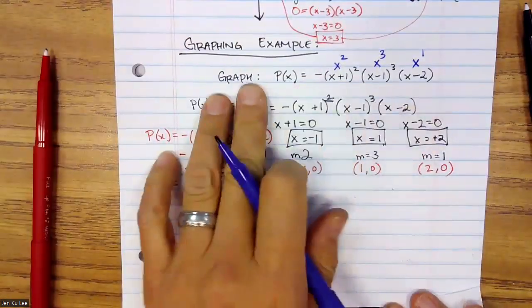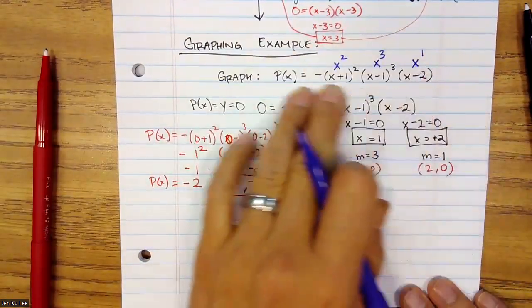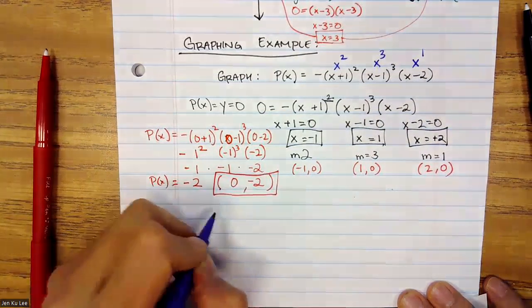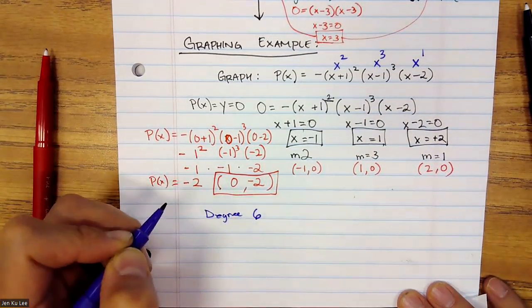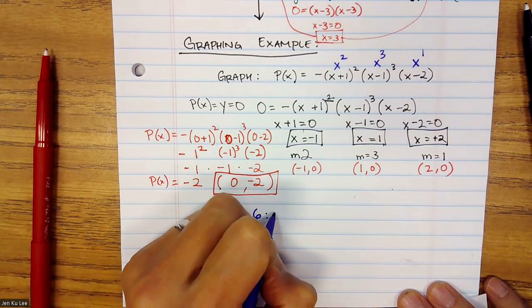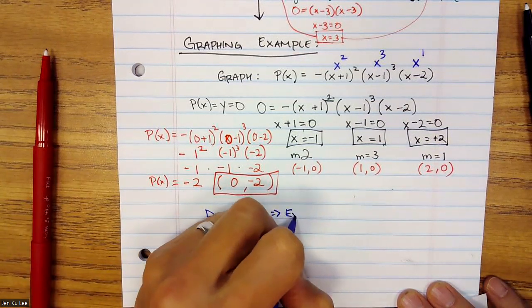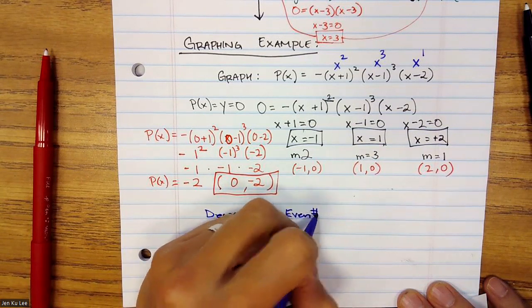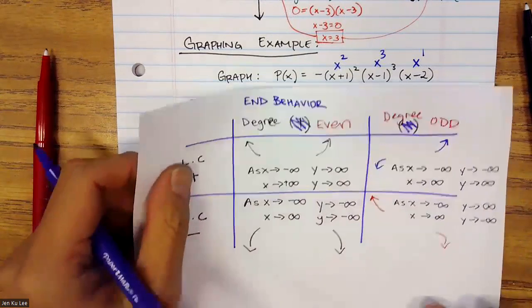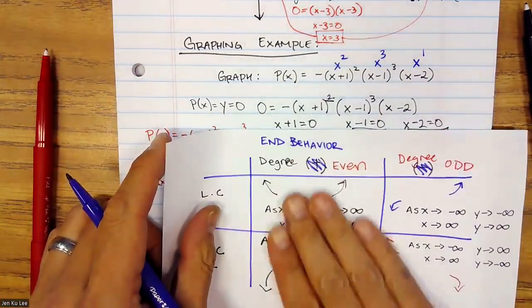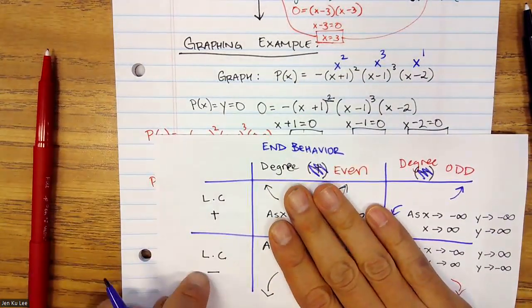So this function has a degree of 6, which is an even number. Okay, so it's an even degree. What's my leading coefficient though?